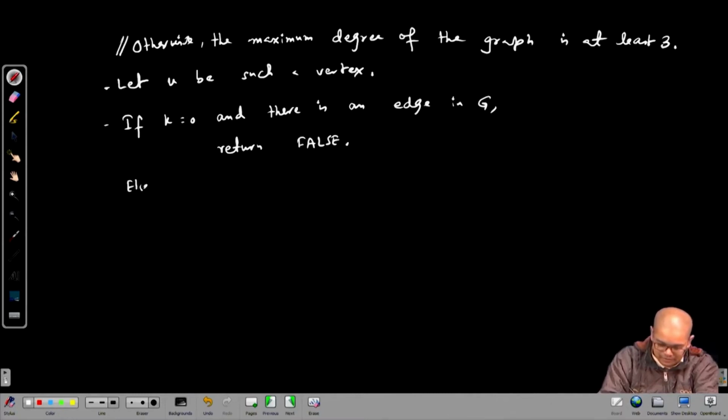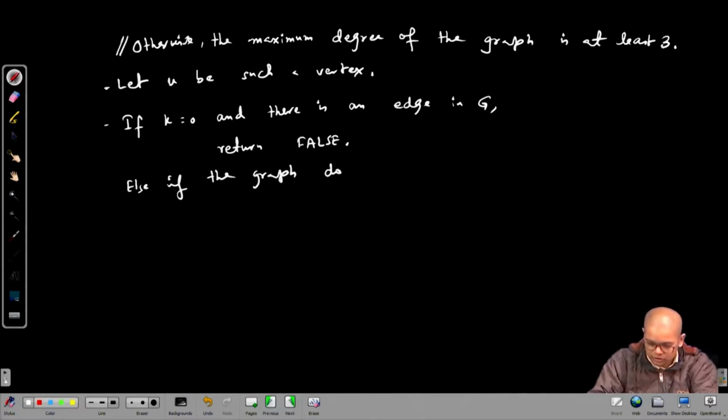Else, if k is not 0 and the graph does not have any edge, then return true.